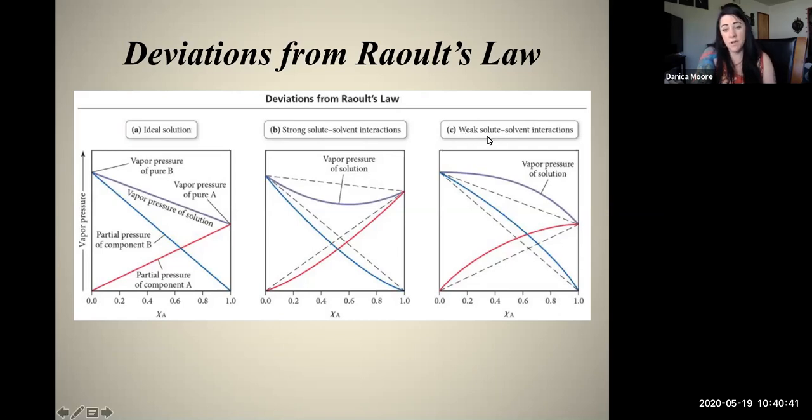In terms of weak solute-solvent interactions, or another way of saying that, the intermolecular forces in the solute are smaller than the intermolecular forces in the solvent, this is where you get that increase in vapor pressure, because you're adding something that's more volatile. Is this making sense, guys?